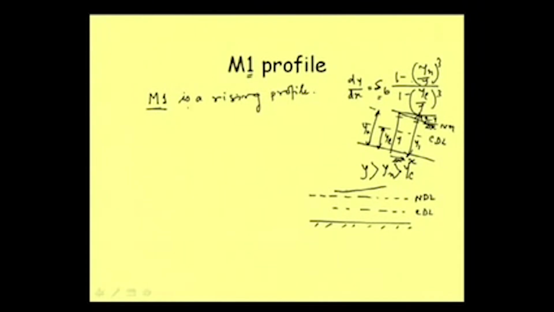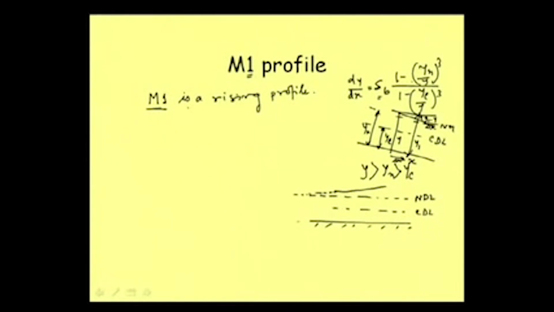Now, as it is a rising profile, if we see on the upstream side, this will gradually fall, and to what extent will it come? It will come to the NDL line, that is at the extreme upstream, the starting of the gradually varied flow profile.